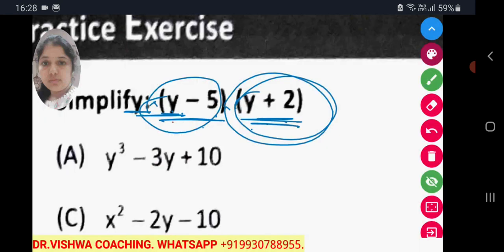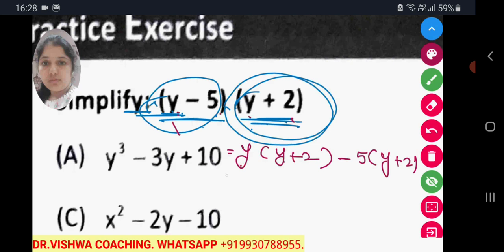First take y and multiply it with y and then with 2. Then, since it is y minus 5, the minus sign applies, and we multiply the 5 with y plus 2.